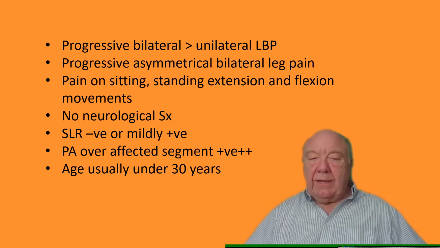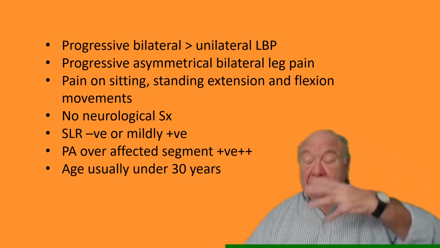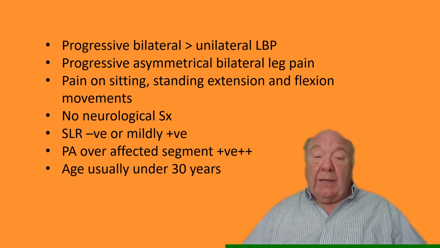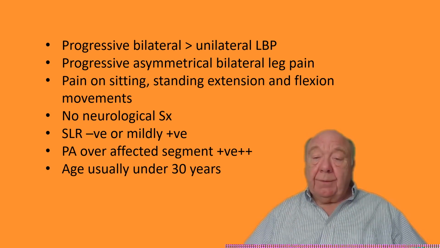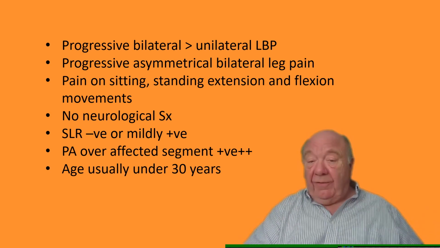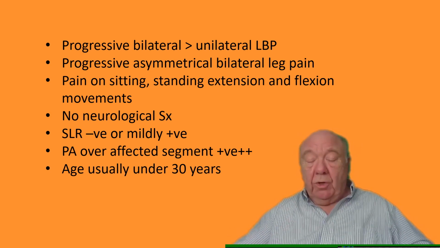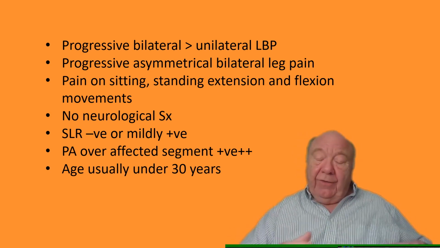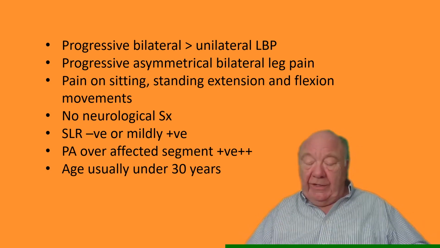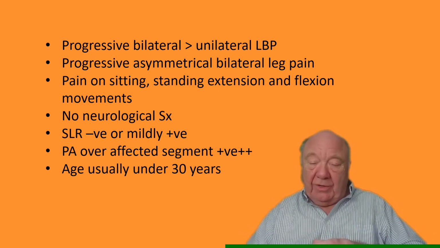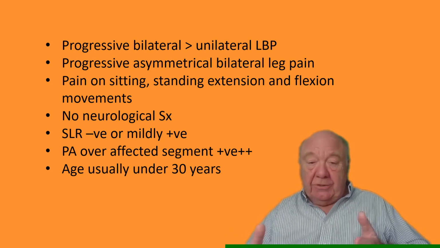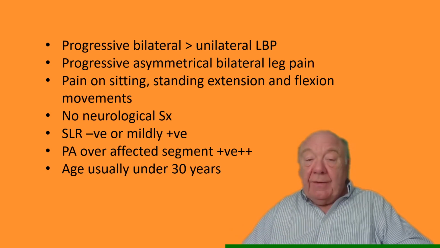So if we look at the diagnostic criteria here, it's progressive. The pain gets worse and worse and worse. In fact, it can be so bad that its treatment is to remove the disc entirely, cage the segment, and then the patient's okay. But it can be that bad.